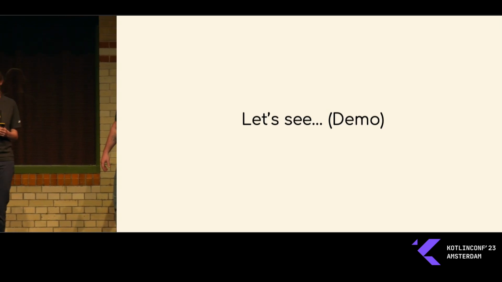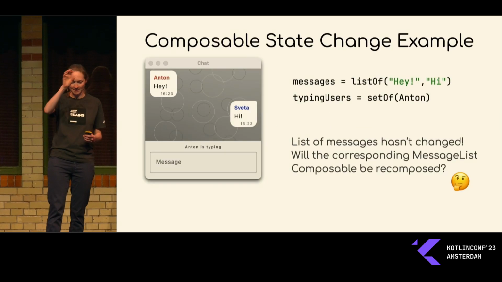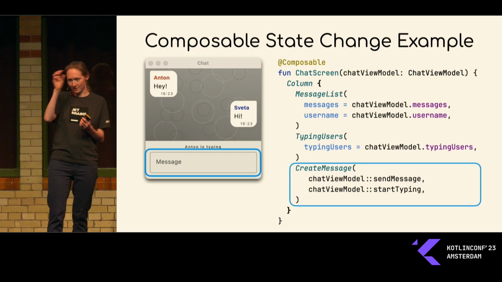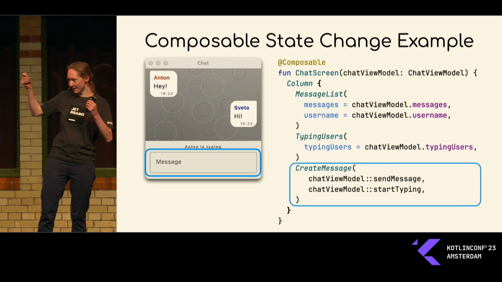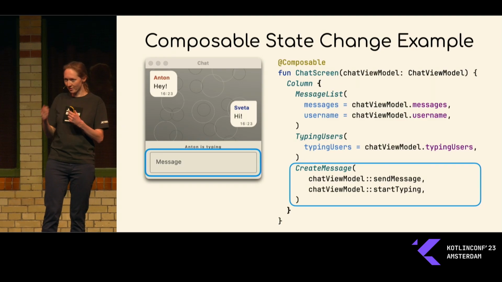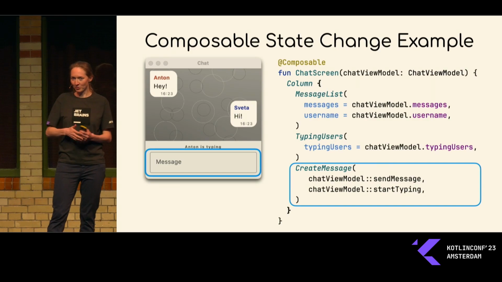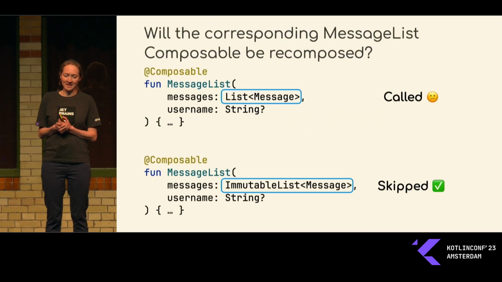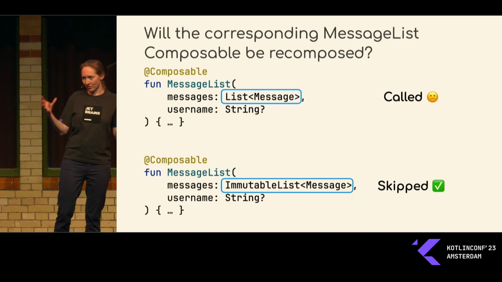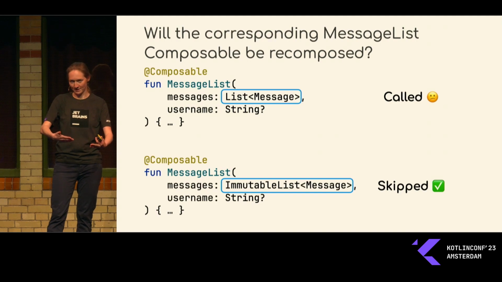We have this commented line that just prints the output for this message list. If you use this message list composable, the first line prints that it's recomposing. You can uncomment it and start it using regular lists. You'll see that if we use a regular Kotlin list from the library, Compose will recompose this message list.